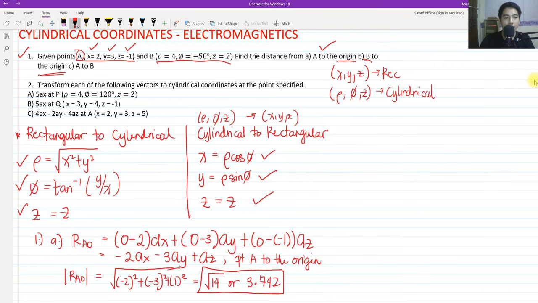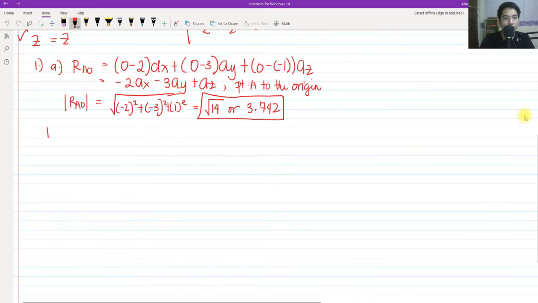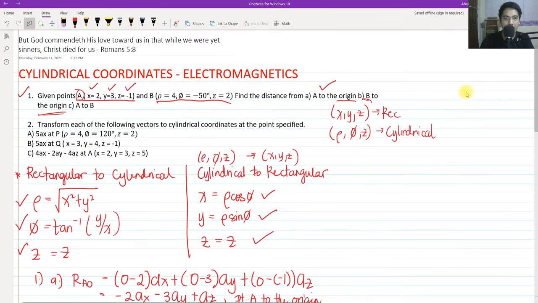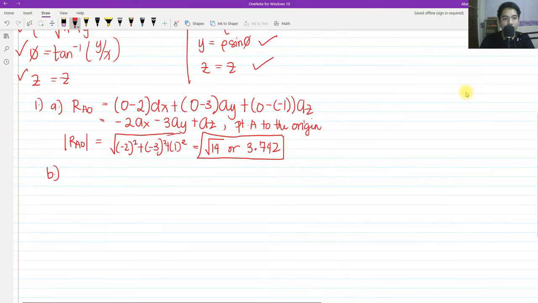As I have said, it's more convenient to first convert the cylindrical point into a rectangular point and then get the magnitude of it. So point B is rho equals 4 and phi equals negative 50.